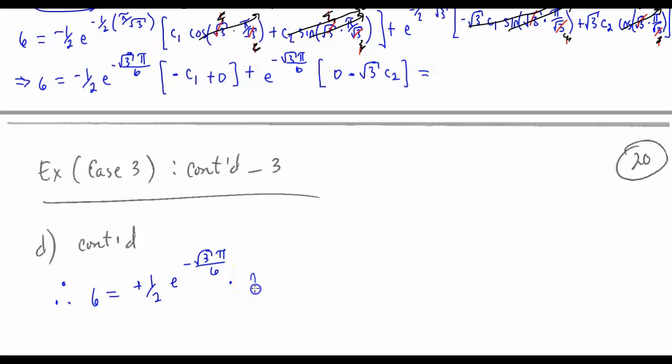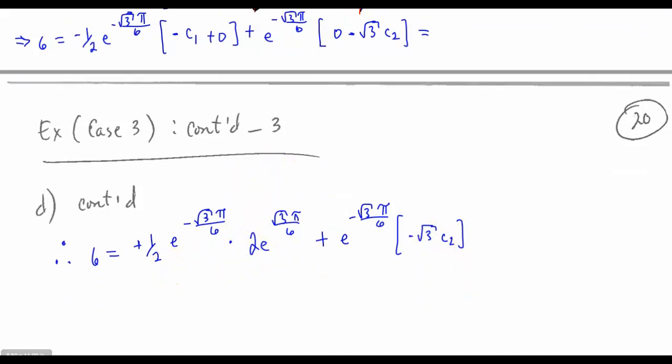So this would be 2 times e raised to the square root of 3 pi divided by 6. This will be plus e raised to the negative square root of 3 pi divided by 6. And this will be minus square root of 3 C2.